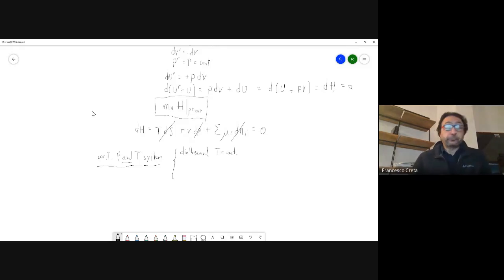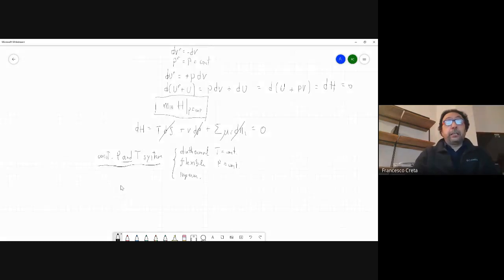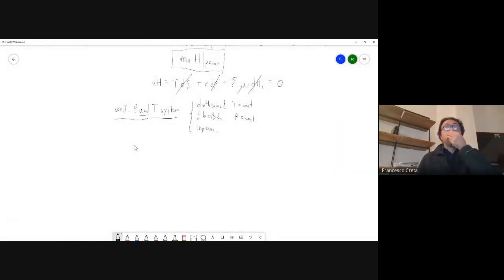Again, I have to choose them flexible to keep the pressure constant, and impermeable, so as to not exchange matter. I still need to impose this condition here, okay?